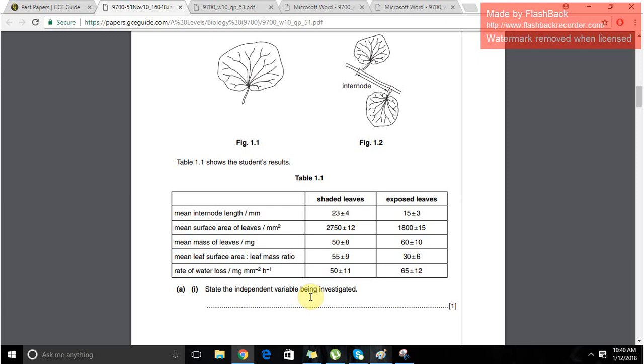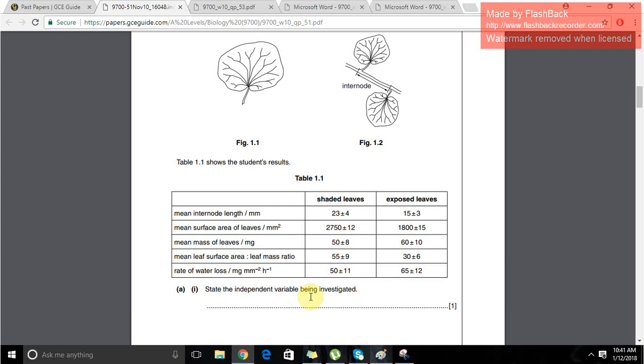So question number 1, we have to state the independent variable being investigated, and that is a thing we can actively change in order to observe the change, or the factor that is different. And what is that? The independent variable is whether or not the leaves are grown in shaded or exposed conditions.